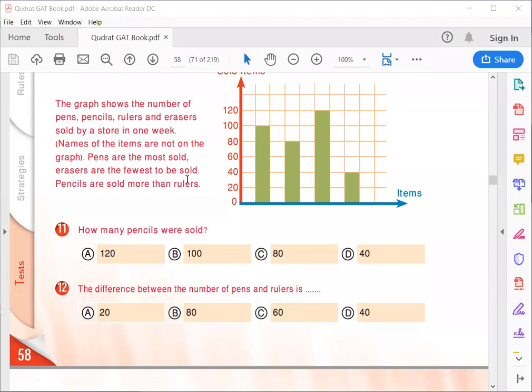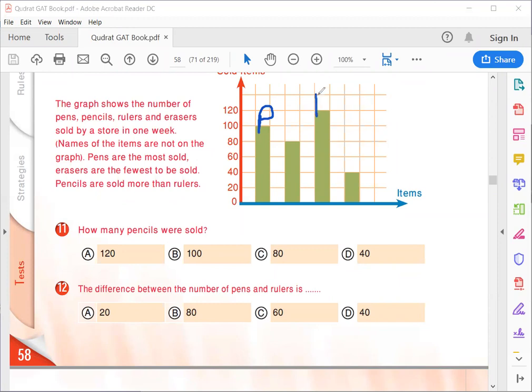So how many pencils were sold? First, I write the rulers. The number of pencils equals what? It is here, pencil, because he said pens are the most.